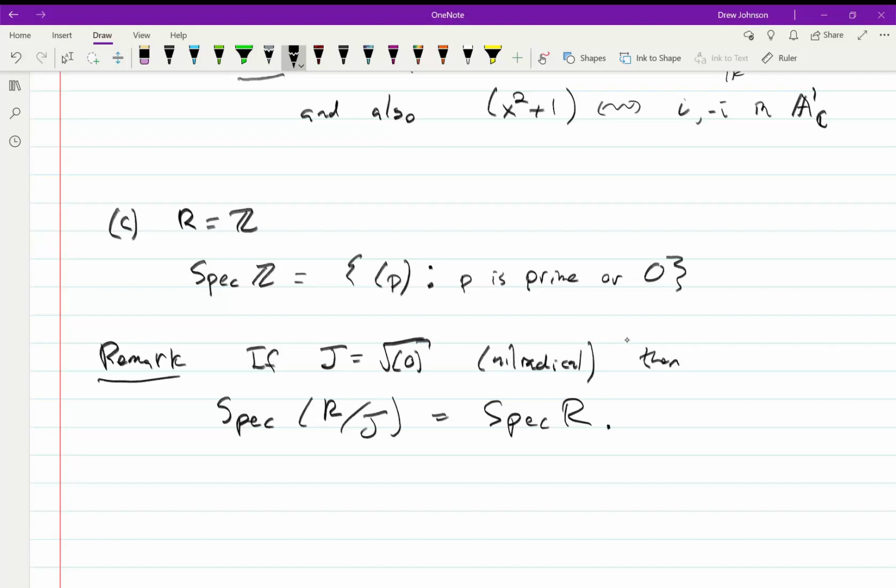So the idea is spec cannot see nilpotent elements. Okay, but we'll see later the ringed space will.